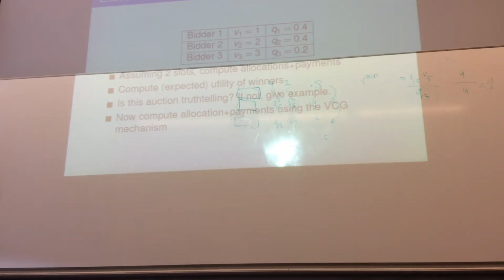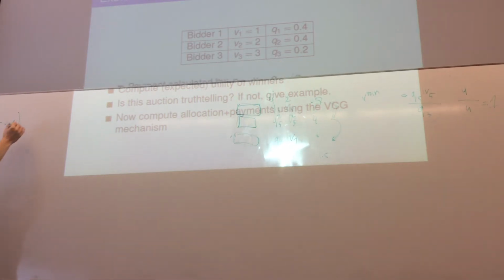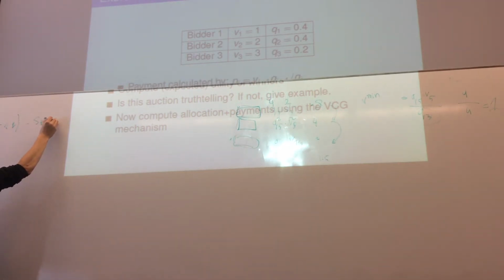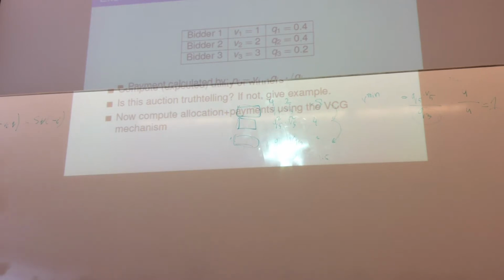But the transfers for the VCG were essentially the social welfare minus the expected utility of agent I. So in this case, it's PI QI, minus the social welfare without agent I's utility. Should be this. One equation.